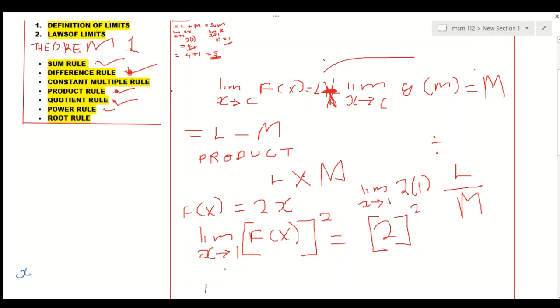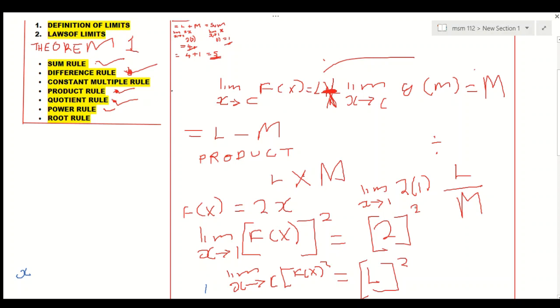So the formula is like this. Limit as x approaches some constant, this is the power rule, of the function which is squared, is equal to L squared. L stands for the limit you get, as you've been observing from where we are coming from. You can use any letter of your choice. This is just by example. So don't be bothered to start squaring first, then you come and put in the limit.